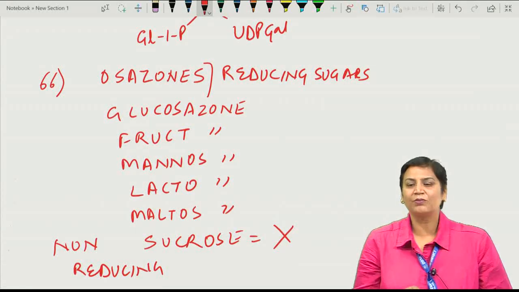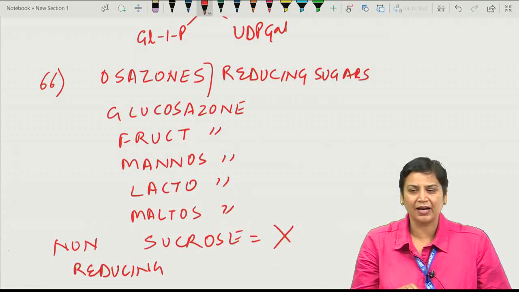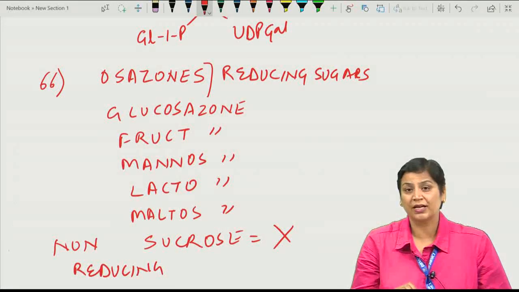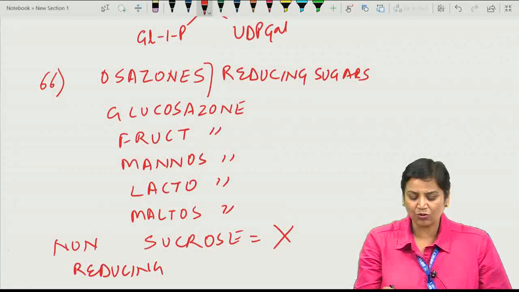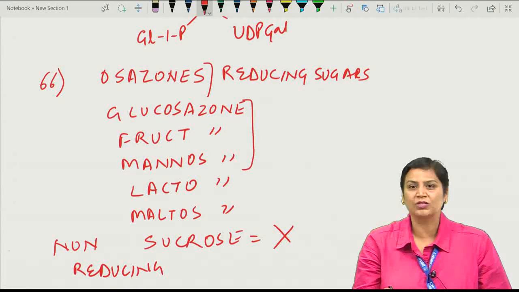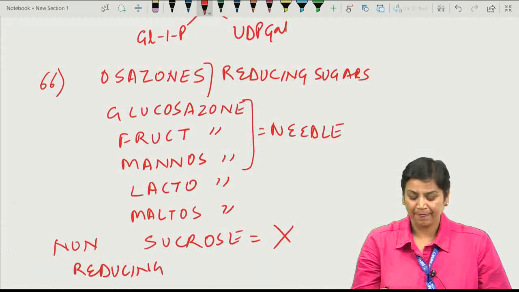Now, they form crystals basically. They are kept overnight, and by seeing the shape of the crystals, we can predict which monosaccharide or which disaccharide is forming this type of crystal. So, glucosazone, fructosazone and mannosazone have needle shape, or they resemble a bundle of hay.